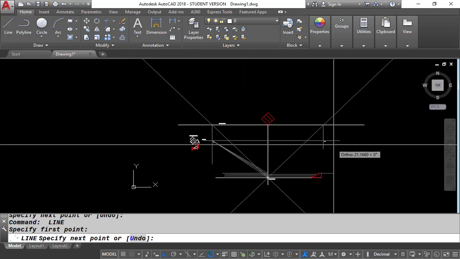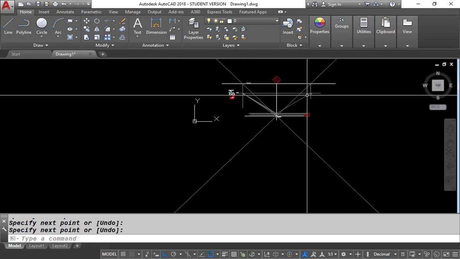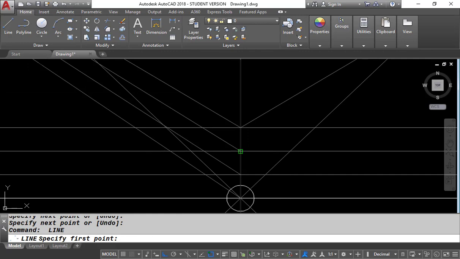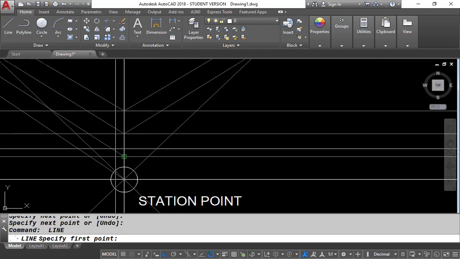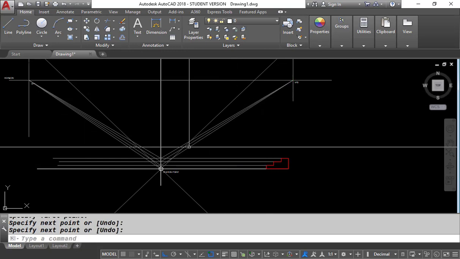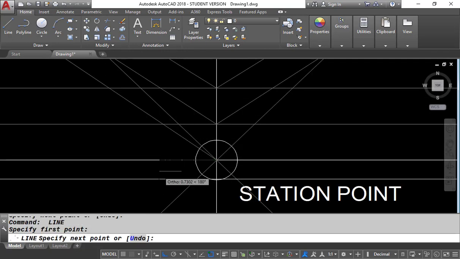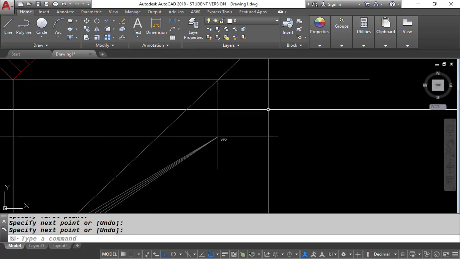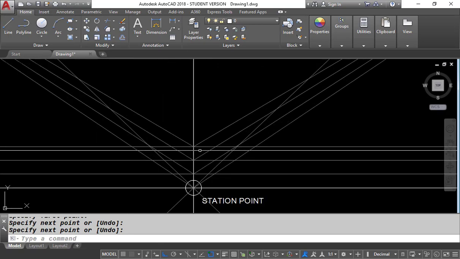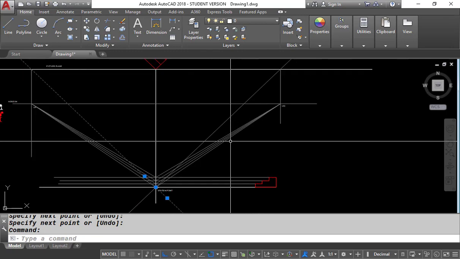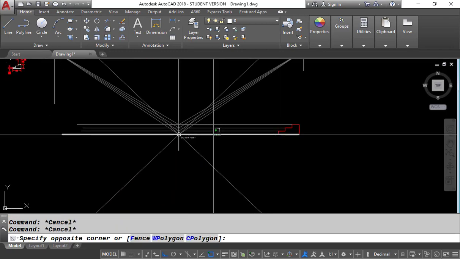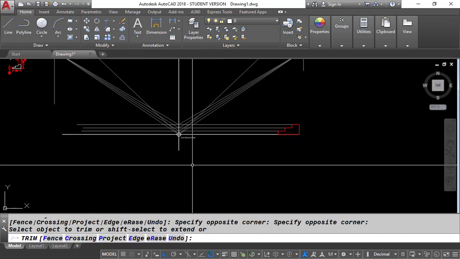Similarly, all these 4 points should be connected to vanishing point 2. Now after connecting all these points to the vanishing point, I will trim this line so that it will not be confusing.